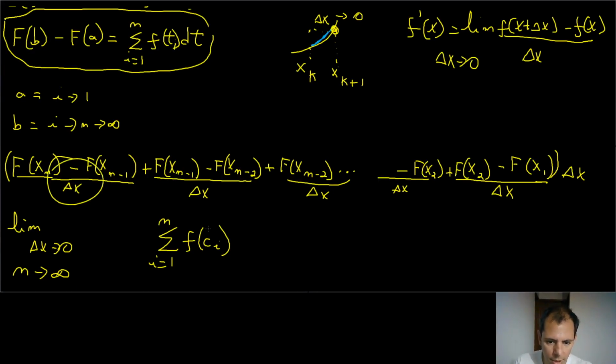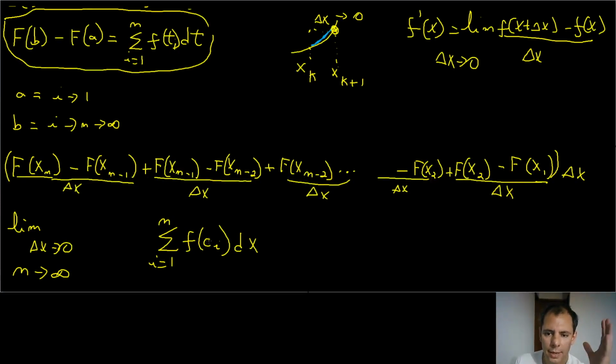This term in here is one of these terms, and this other term is another term, because you can see that this is a summation, so these are actually a bunch of terms, times delta x, which is this delta x in here, as delta x approaches 0. So it's dx. Alright, so you have the summation in here.